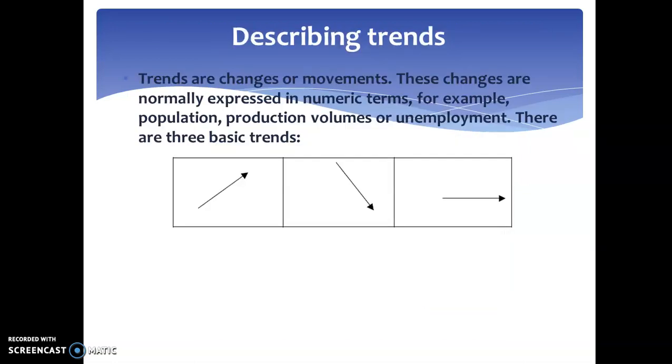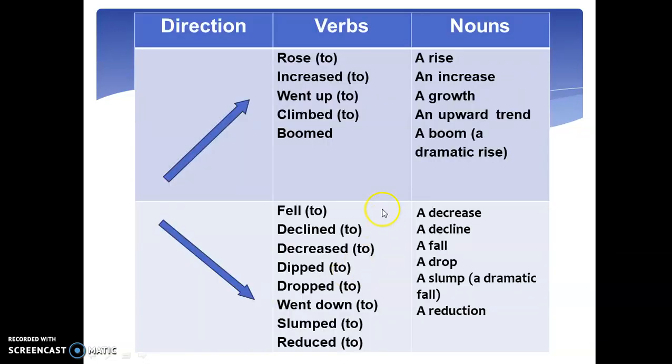In describing the trend, usually there are 3 basic trends that are being covered. One is the increasing trend, the decreasing trend, or whether it remains constant or the same. These are some of the verbs or nouns that you can use in describing the trends, what we call trend words.